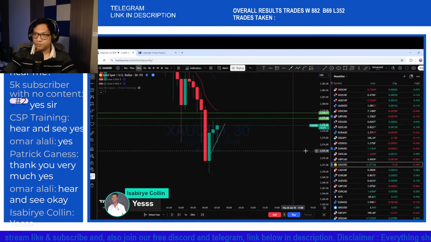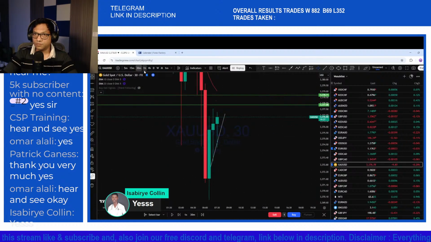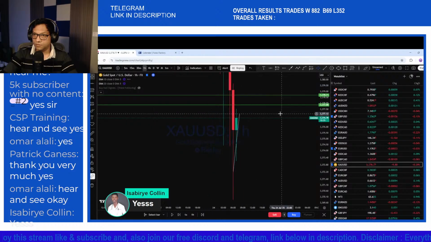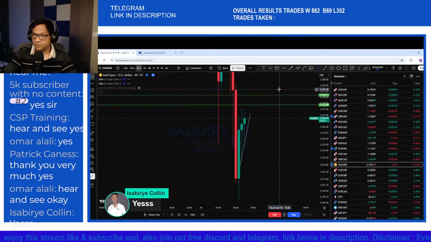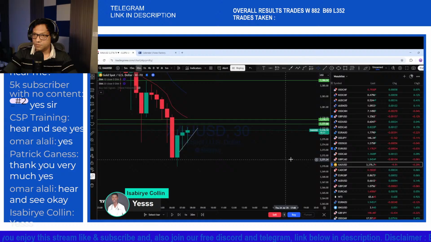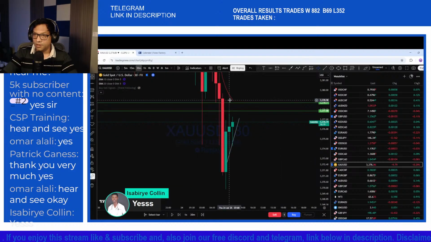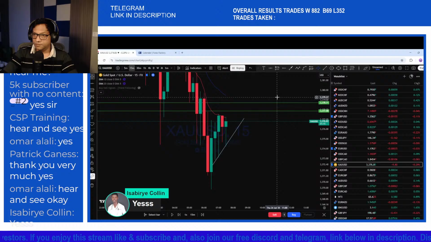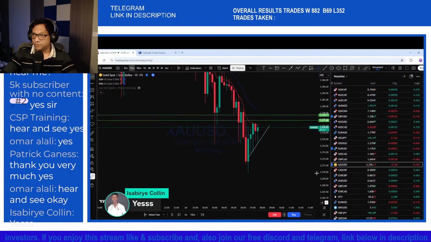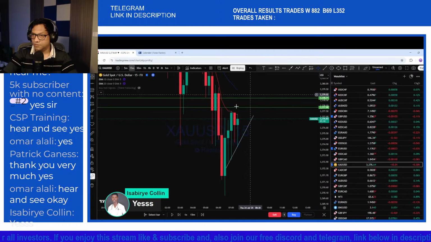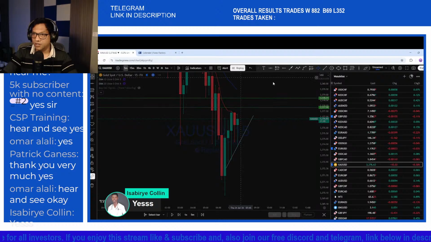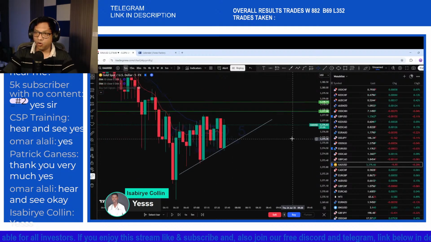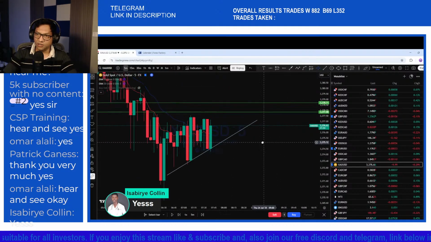So the lower time frame price action is trying to form this structure in that area.